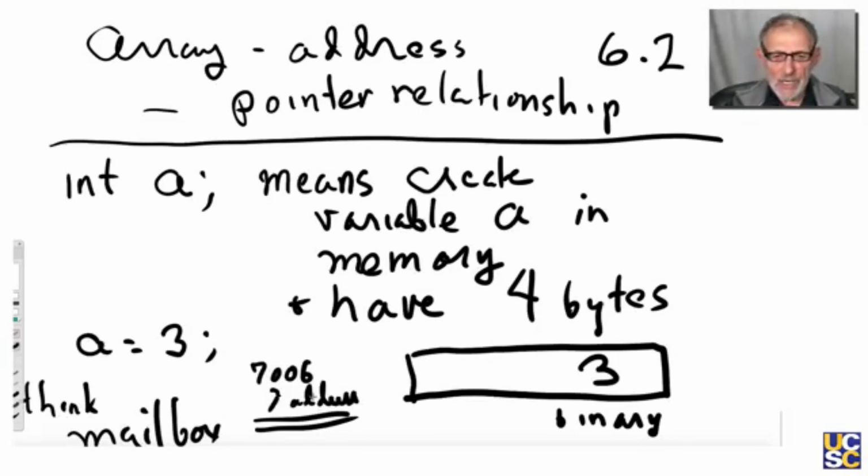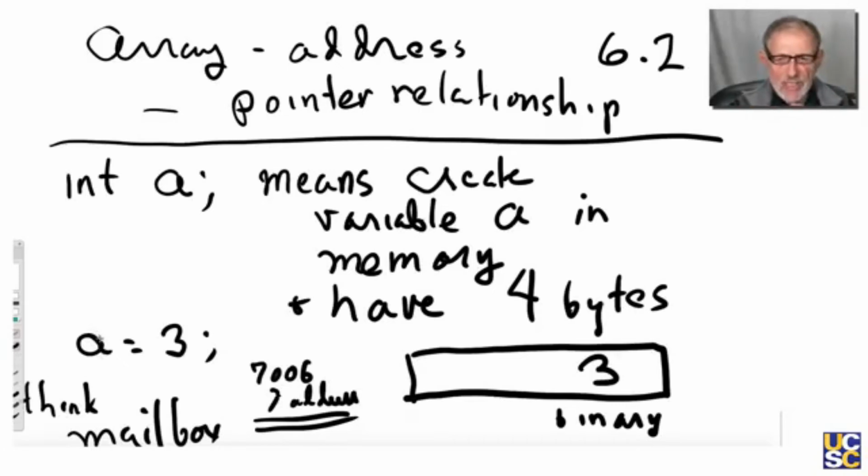And remember, nowadays computer memory involves gigabytes. That's billions of individually addressable cells. So each of the cells in your computer memory has a location, which is basically a number. So just for the sake of having some concrete thing to think about, let's say this is location 7006, and we stored 3 there in this 4-byte set of memory cells. So when we think of a variable, we think of its name.